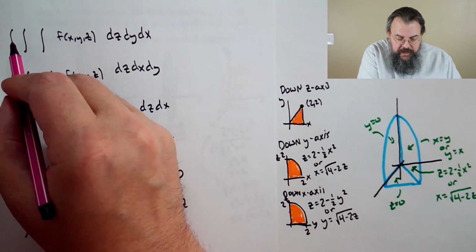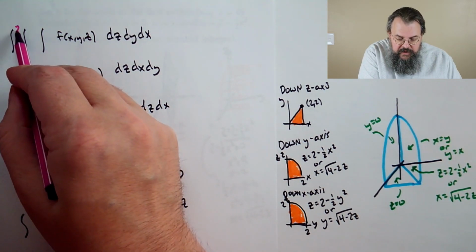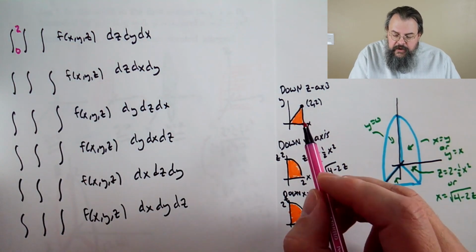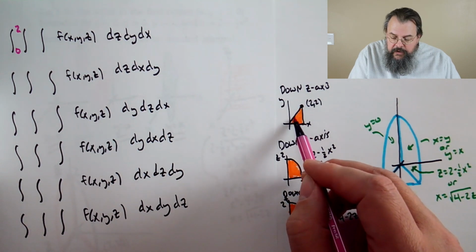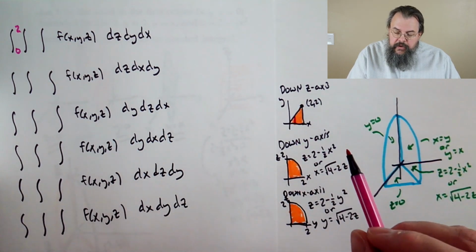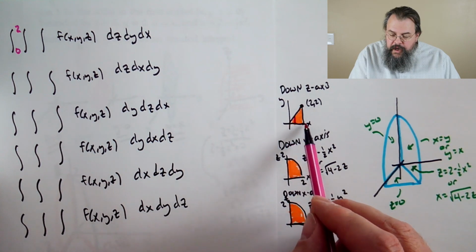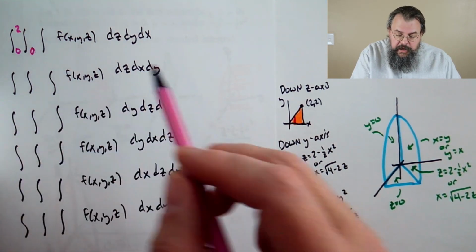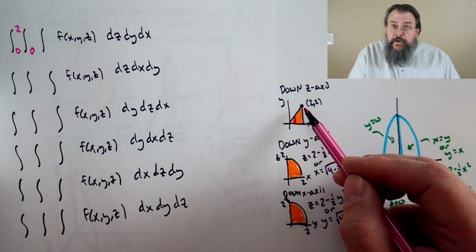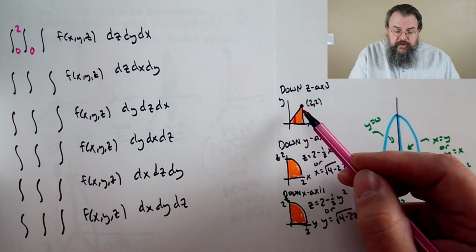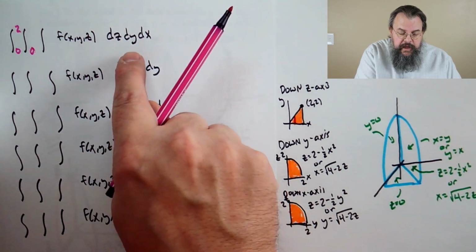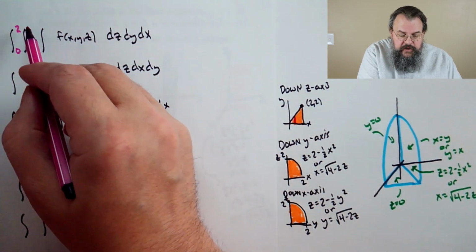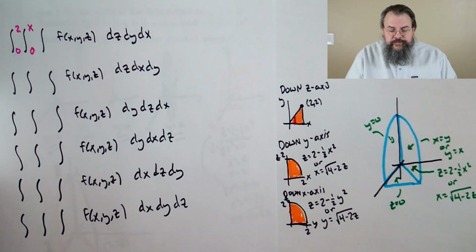All right, there's our outer layer, 0 to 2. Now, where does y go from? Well, I'm going to go from the bottom, which is y equals 0, up to this curve, which is y equals x. So, remember, we want it as y equals something, so it's going to be y equals x.